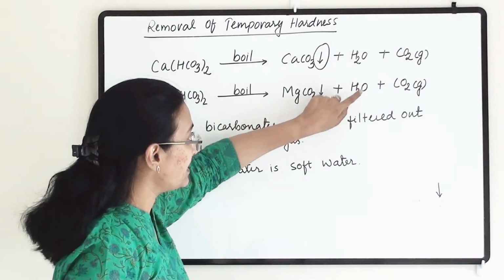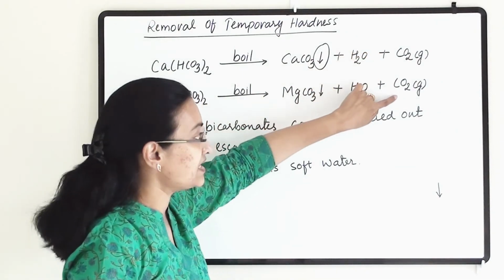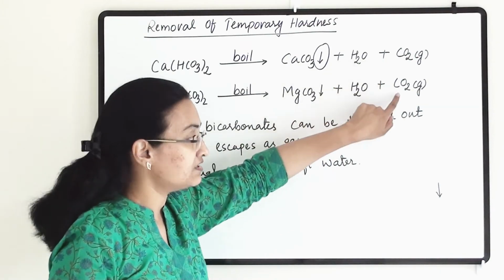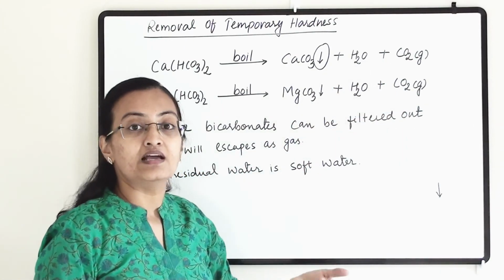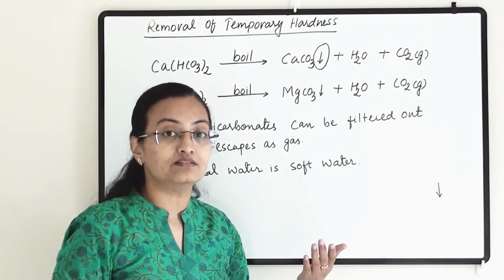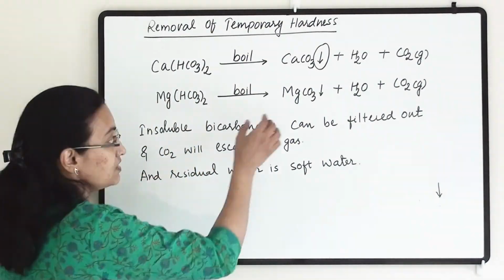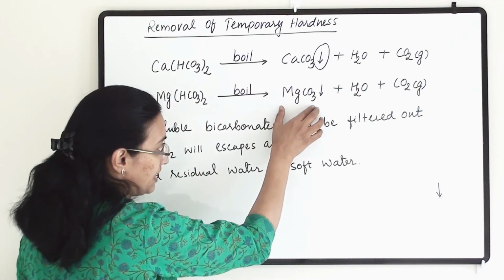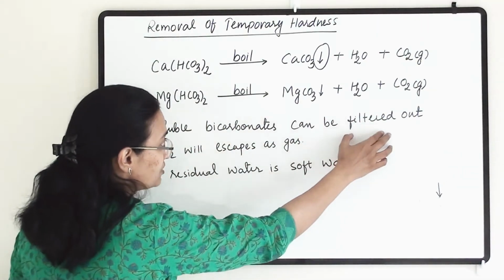Water will remain there and carbon dioxide will expel out as a gas. So this is in the form of gas and it will expel out while we are boiling the water. So these are the products of this reaction, whereas this will precipitate out, which we can filter out.